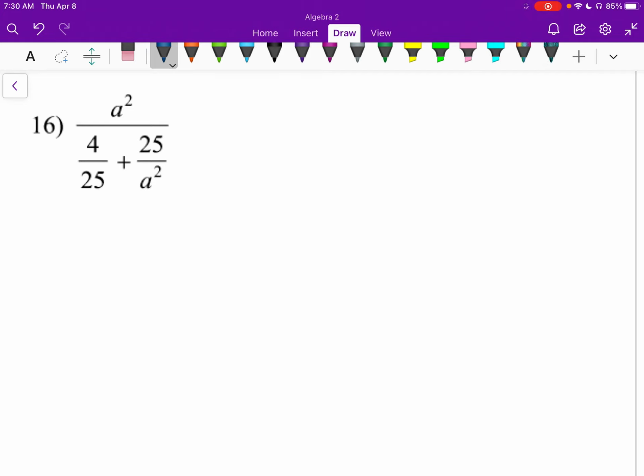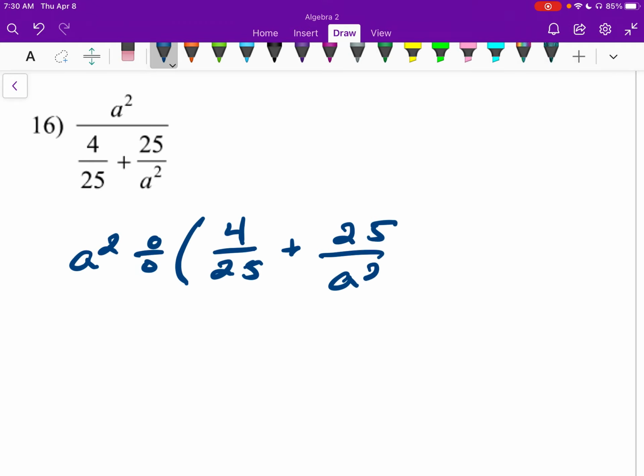Again, it's a little bit different. The division sign will have the parentheses. So this will be a squared divided by 4 over 25 plus 25 over a squared. I need to get common denominators in the end. How do we do that?